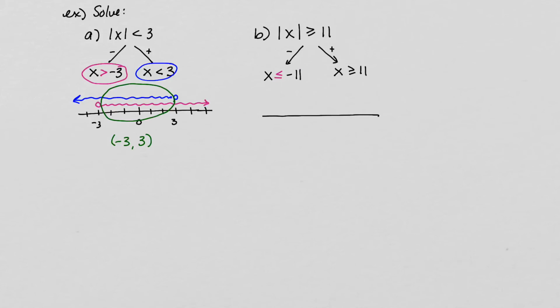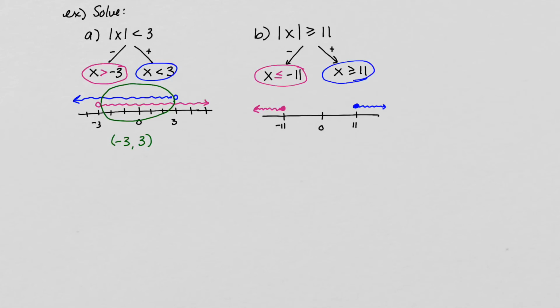And again, we're going to draw these. So here I have -11. Here I have +11. And so if I graph this first one, if x is less than or equal to -11, we would have a closed circle at -11, and we would go to the left. A neat little trick that I use is you're always going in the direction the arrow is pointing. And then if x is greater than or equal to 11, I would have a closed circle on this side, and I'd always be going to the right.